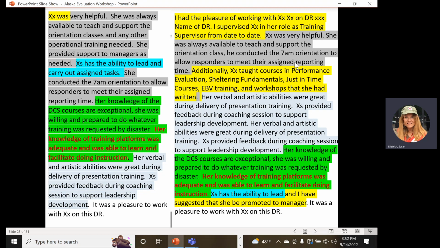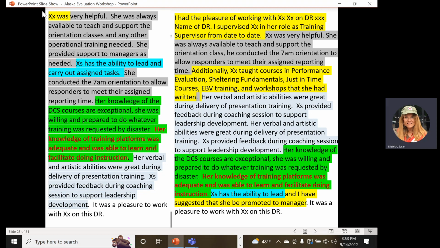And then they're putting all of this stuff about flexibility and support, and then some quantification. So Cindy also, instead of just talking about the orientation, taught these other courses as well, a bunch of other courses, which really makes the evaluation much more specific.